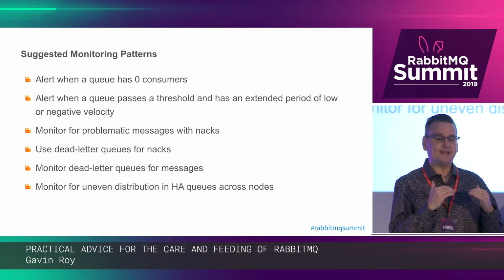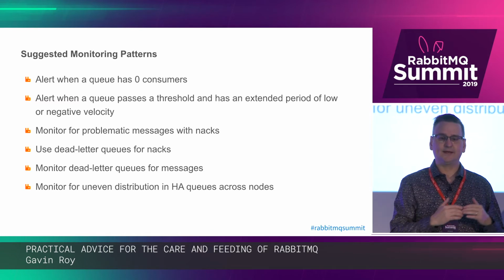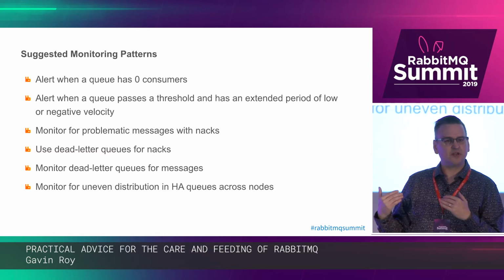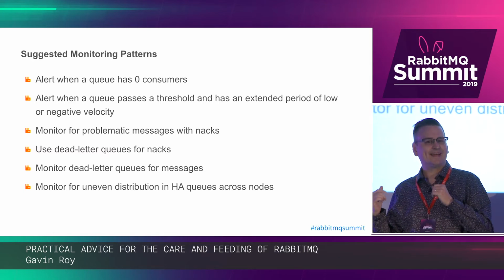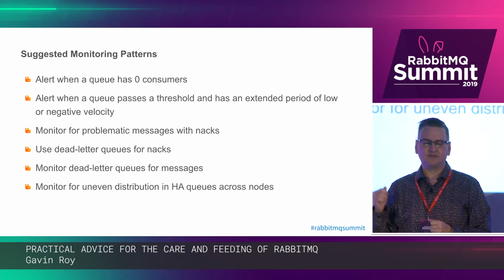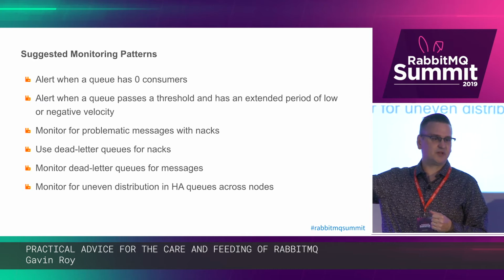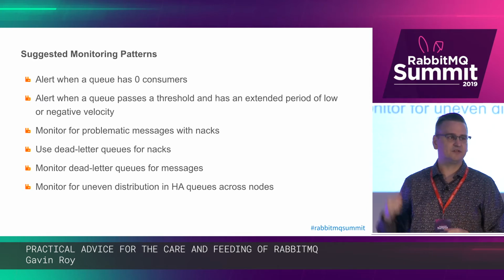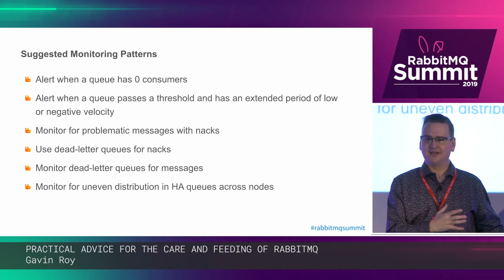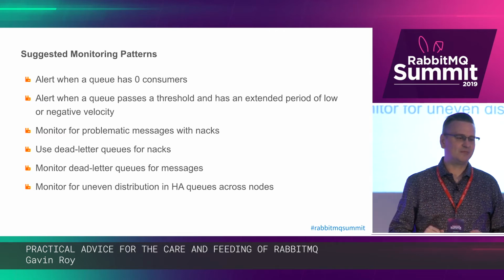Instead of just having a naive approach to saying, hey, my queue depth is at 1,000 messages, so alert and wake somebody up, what you really care about is, are my consumers consuming my messages? And maybe I've got 1,000 messages, but if I'm running along at a decent clip, and because this is a queue, I've had a spike of work, we don't need to wake anybody up.